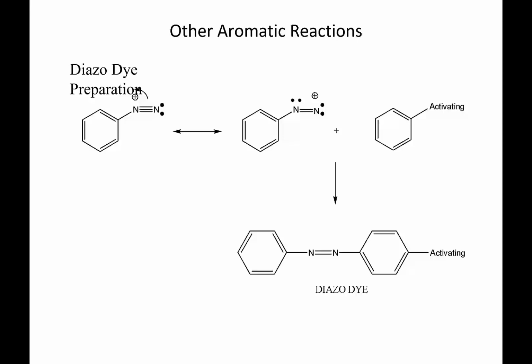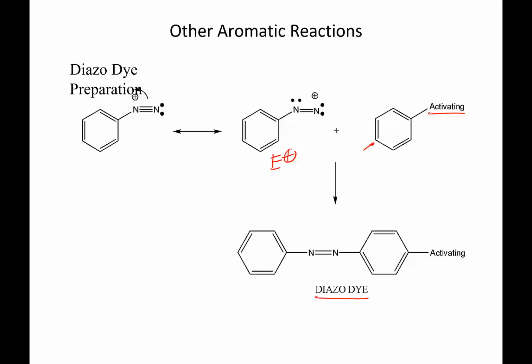When this N plus is on the outside, this is just a really big E plus. And if you have an activated group on the ring, then that activated group will add this E plus primarily to the para position, simply because it's too sterically hindered to add it ortho. And you end up making this compound, which is the structure of what we call a diazo dye.